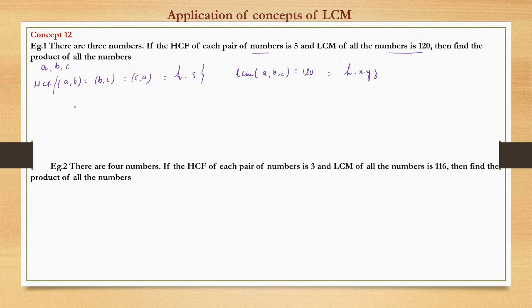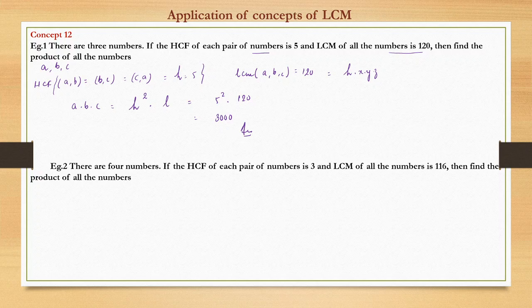So the product of A, B and C, since we have three numbers, will be HCF raised to power 2 into LCM, right? HCF raised to power 2 is 5 square, into LCM 120. So this becomes 25 times 120, so this is 3000. So this is fairly simple. Using this formula, we can get this answer.